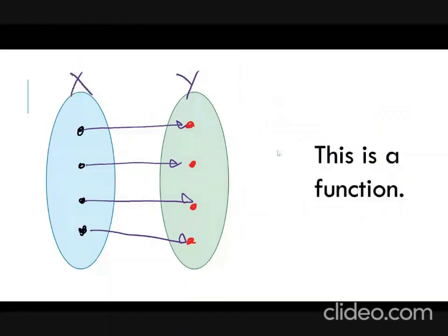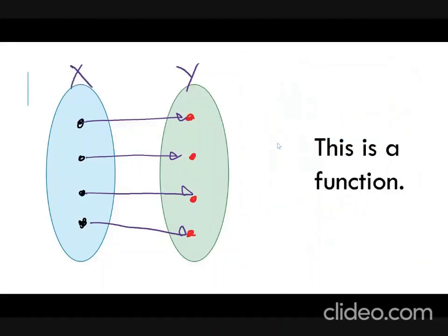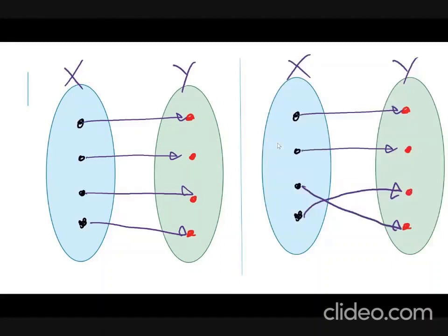So this is a function. This is also a function. Hone in: what's changed? What stayed the same? Okay, so this is a function, and that is also a function. This is also a function.